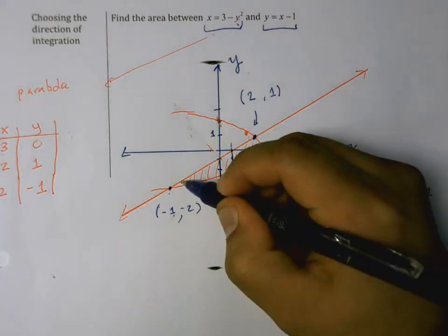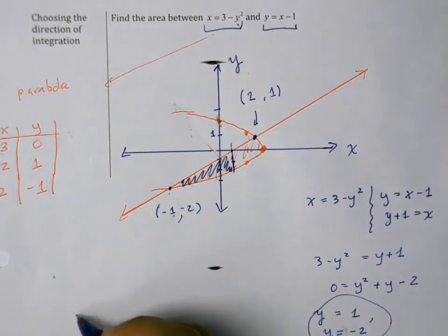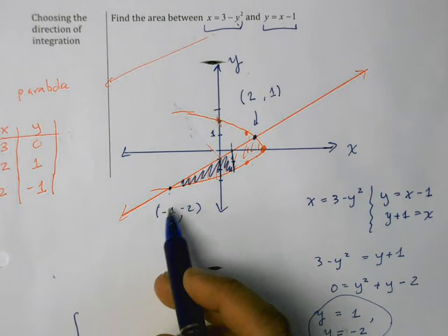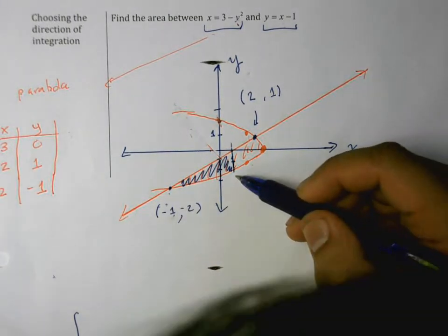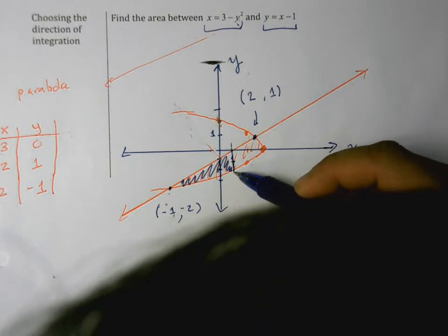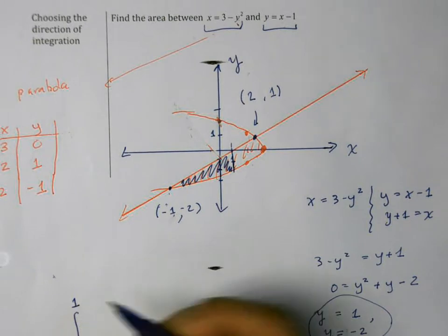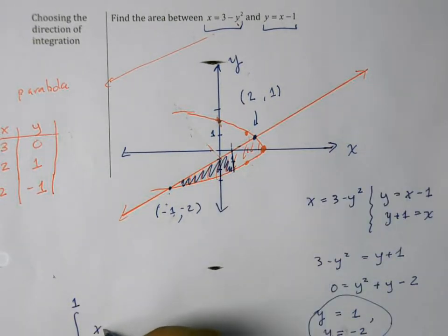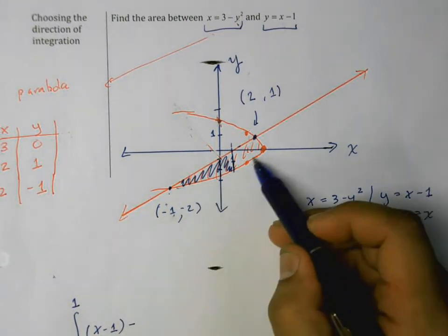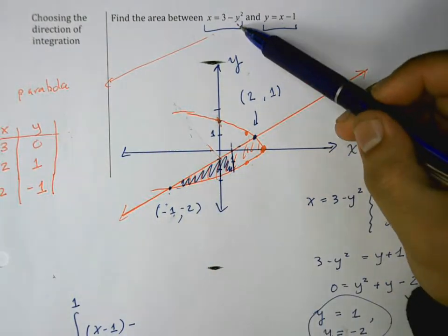So that is the integral from -1 to, that looks like +1 there, of the top function, which is x minus 1, minus the lower function. Keep in mind that right now it is a function in terms of y, and we need to convert this into a function in terms of x.